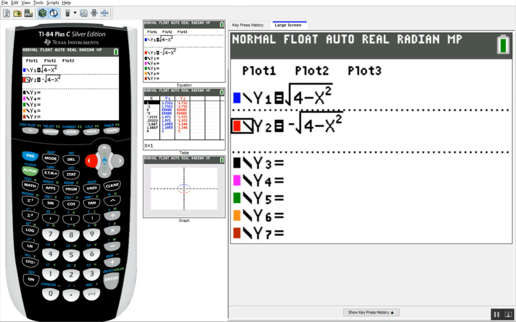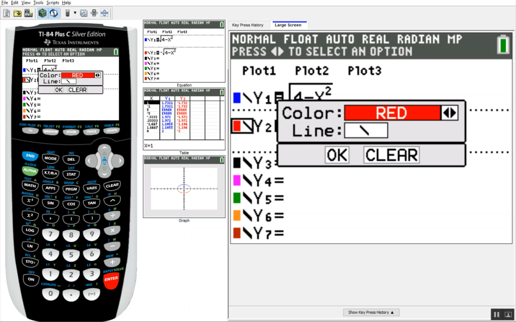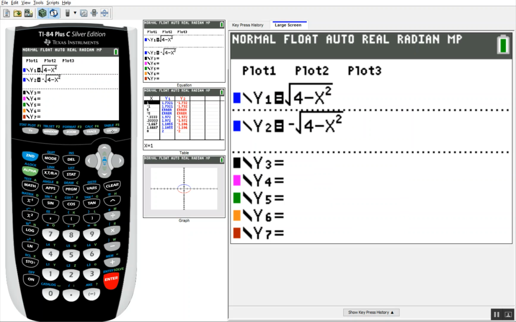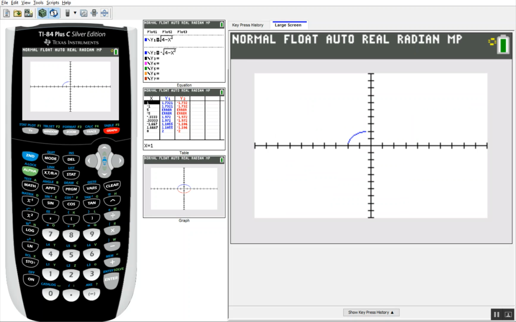I keep hitting left until I get the color indicator up, and I hit enter, and I can just change my color, and I'll just change it to blue. Don't worry about the line. I think that just gives you different thicknesses or different ways to graph it. Hit OK, hit enter a bunch of times to make everything okay, and now everything is just one solid blue circle.